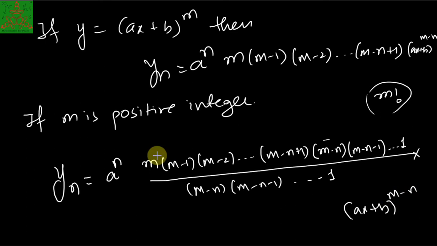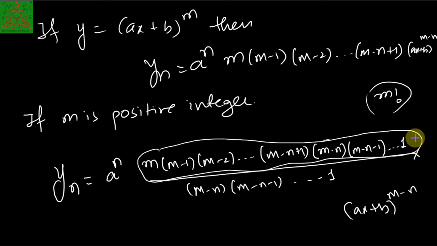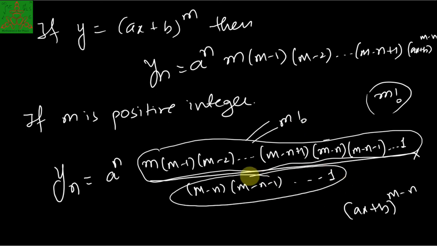Now what is this numerator here? That we can say is 1 into 2 into up to m. So the numerator is actually m factorial, and in the denominator what we have is 1 into 2 into up to m-n. So it is (m-n) factorial.